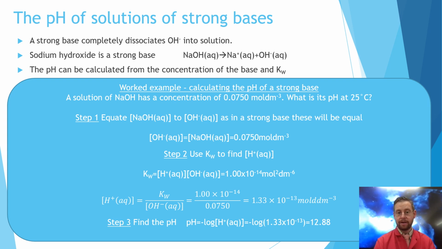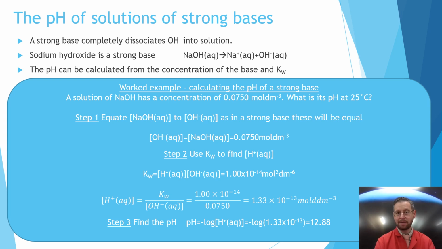We know the ionic product of water is always equal to the product of the concentrations of H plus and OH minus, always equal to 1 times 10 to the minus 14. So, rearranging that, we could have the ionic product of water divided by the concentration of the OH minus would give us the concentration of H plus.